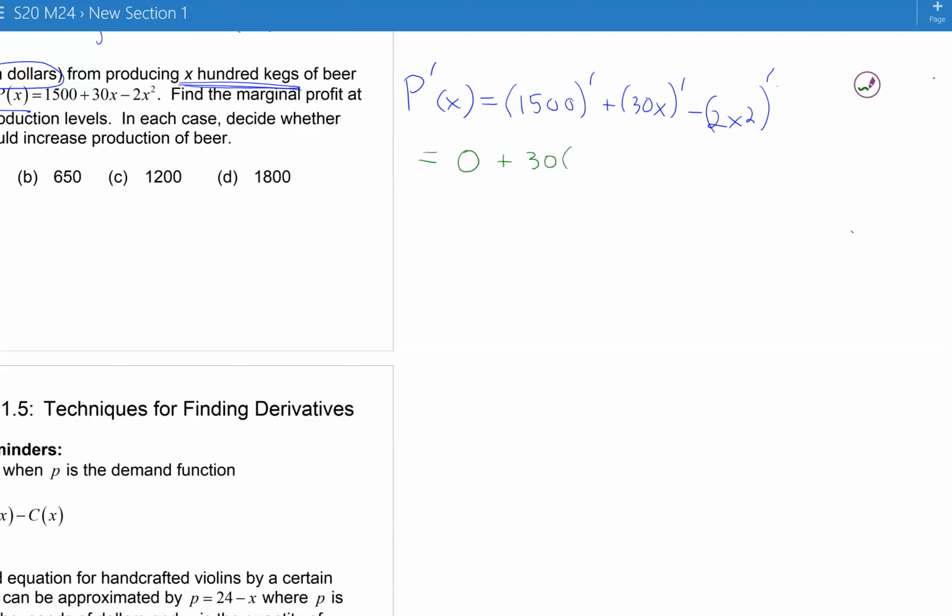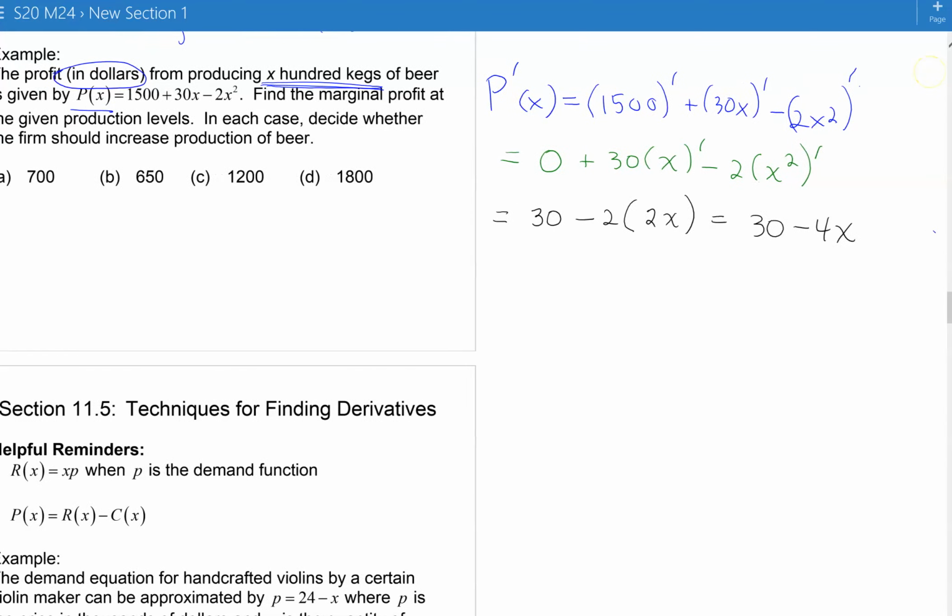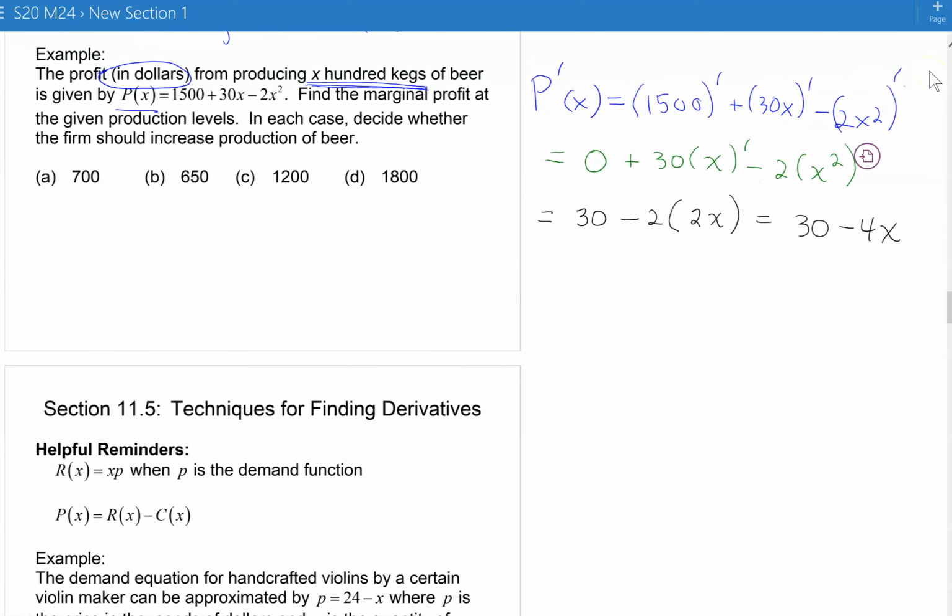Plus 30 times the derivative of the x minus 2 times the derivative of the x squared. So adding 0 doesn't do anything, so we don't need to keep writing it. 30 times the derivative of x is 1, minus 2 times the derivative of x squared is 2x. So we're getting 30 minus 4x.